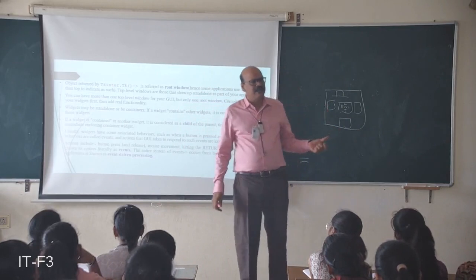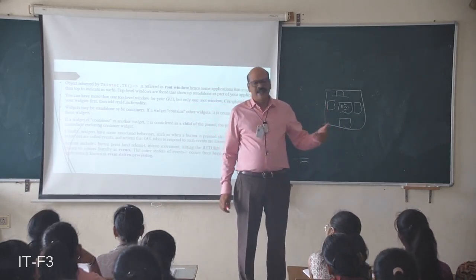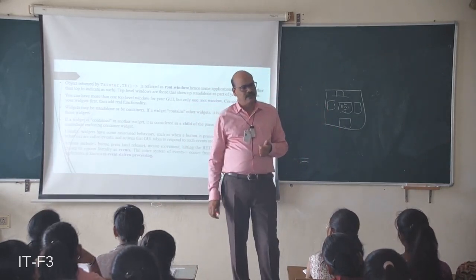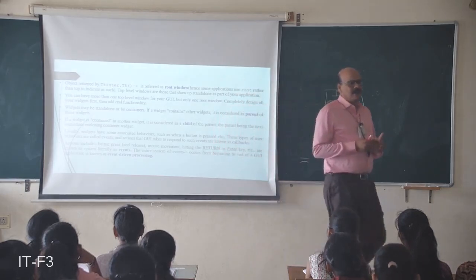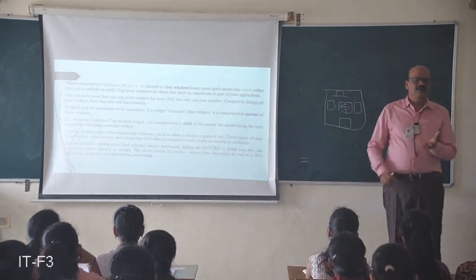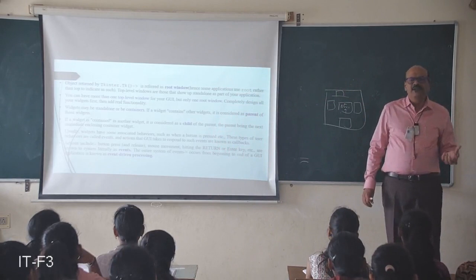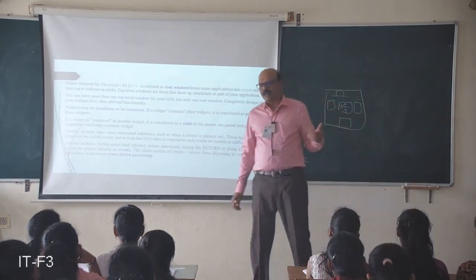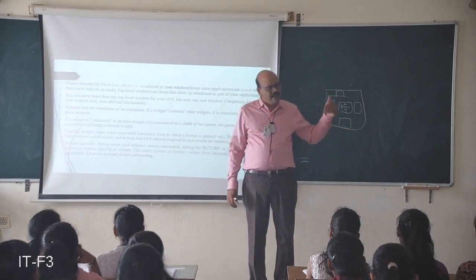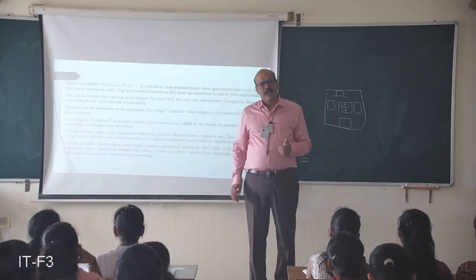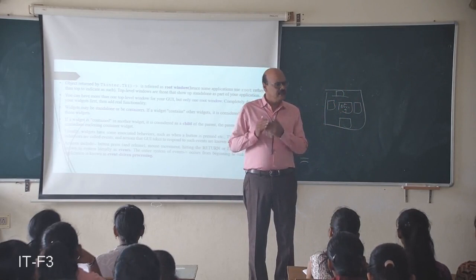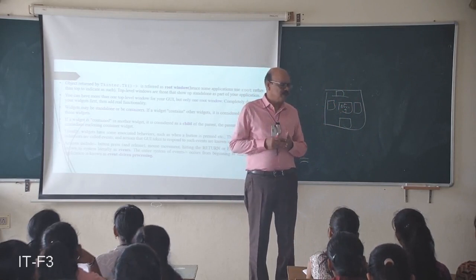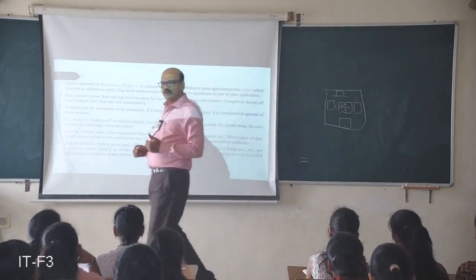So whenever this button is clicked, what response does it have to provide? If for that particular event you have written the event handling code, whenever that event occurs, the event handling code gets executed, and it provides the response for that respective event. So that is how your GUI programs work.